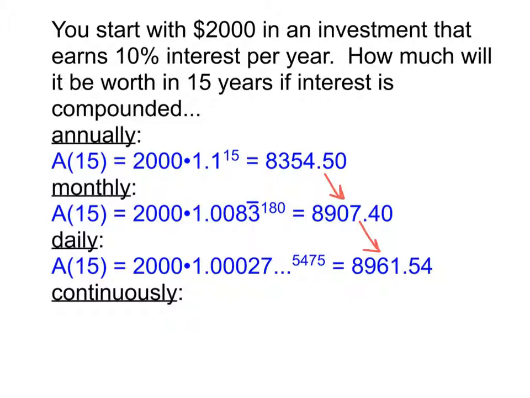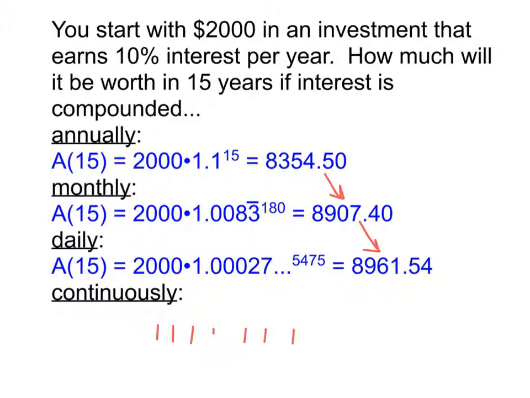Now the big question though, what about this concept here of continuously compounding interest? Continuously doesn't mean that it's compounding every day. It's more often than that. It's not even compounding every hour or every minute. It's not even compounding every second, because every second is still just at some particular time frame, and it's not happening continuously.